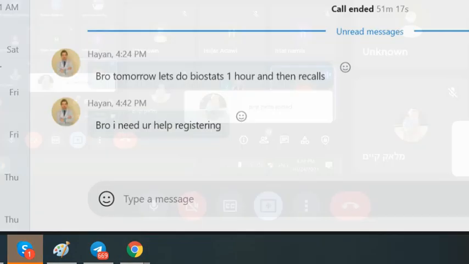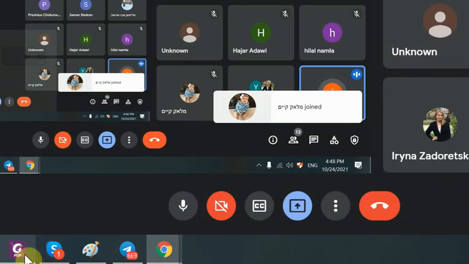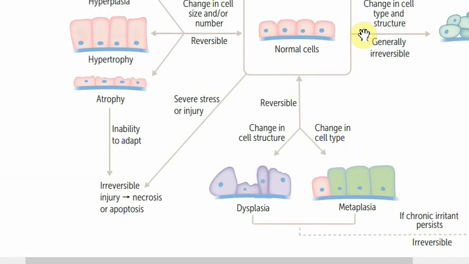So the next one will be as follows. If you have normal cells and those normal cells change in cell type, we talked about the example of Barrett esophagus, where the stratified squamous epithelium became a columnar epithelium.